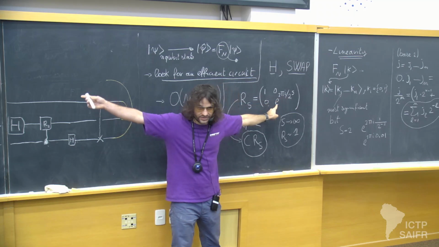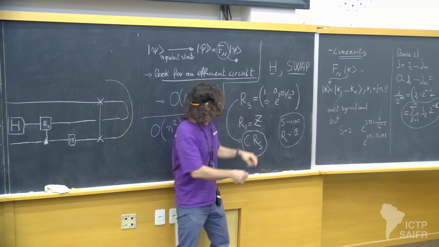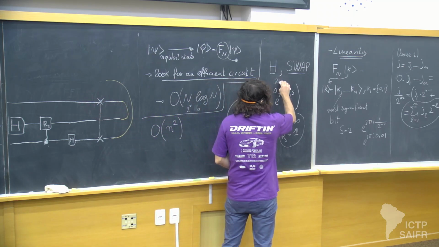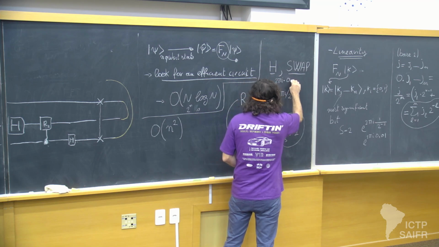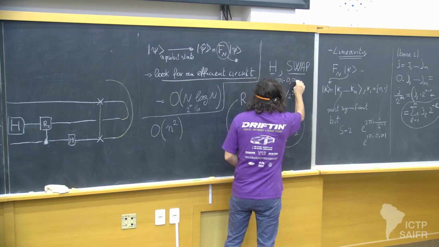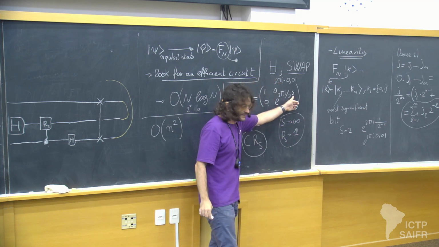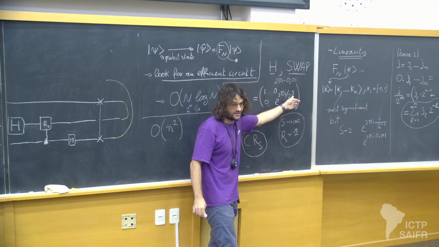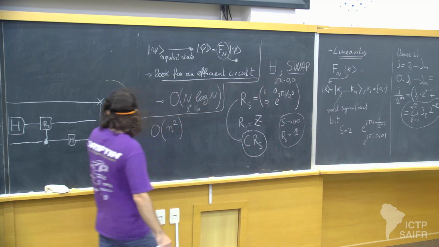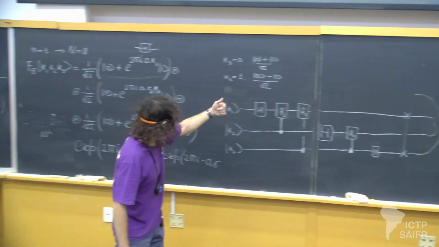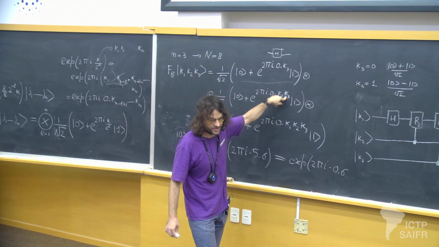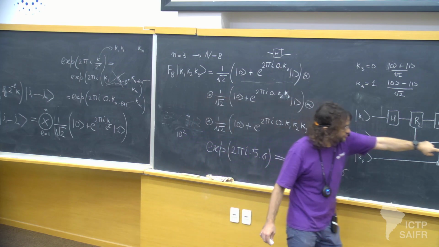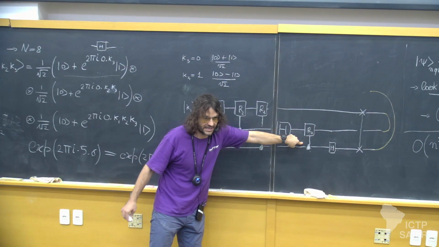Now, if you understood, you see that 2 pi i times 0.01 is obtained by putting here 2. Good. So you have to do an R2, but again, the status of the R2 will be controlled by the third qubit. So you have to do a controlled R2 operation.